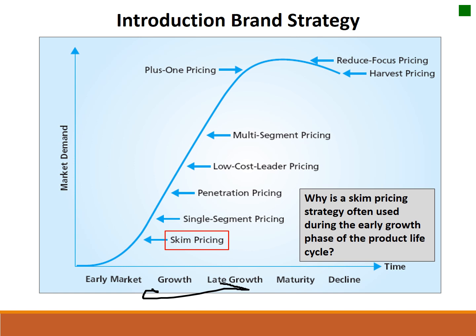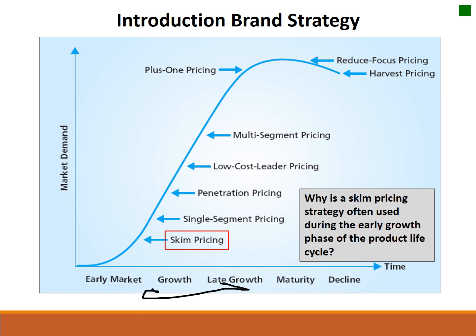So the skimming price strategy would be one strategy that a firm could use, and this would be by the leader, by the innovator. The skim pricing strategy requires you to set a high price, since the volume of sales will naturally be low because the product is just beginning to take off and you're targeting the innovators who would buy your product.